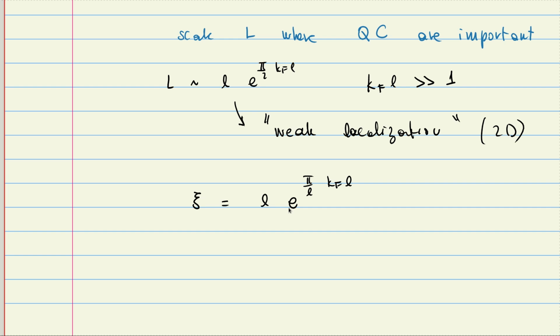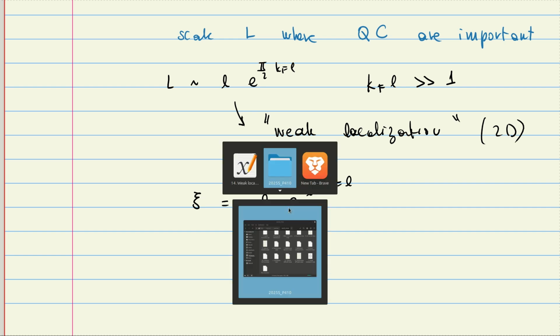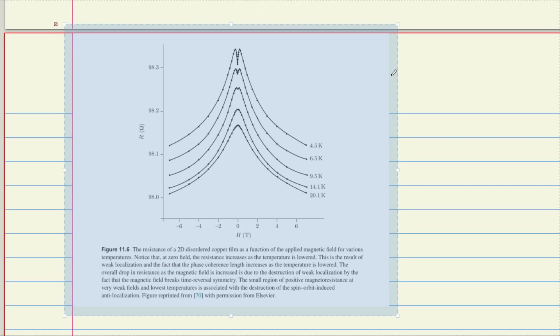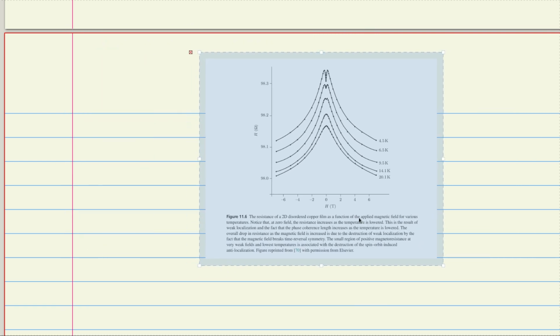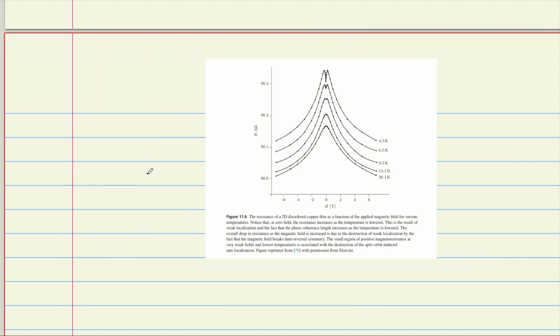And speaking about experiments, let me show you the experiments. So we said the key mechanism is interference between two different loops. Like I have loops, right? And if I traverse the loop clockwise or counterclockwise, it makes all the difference.